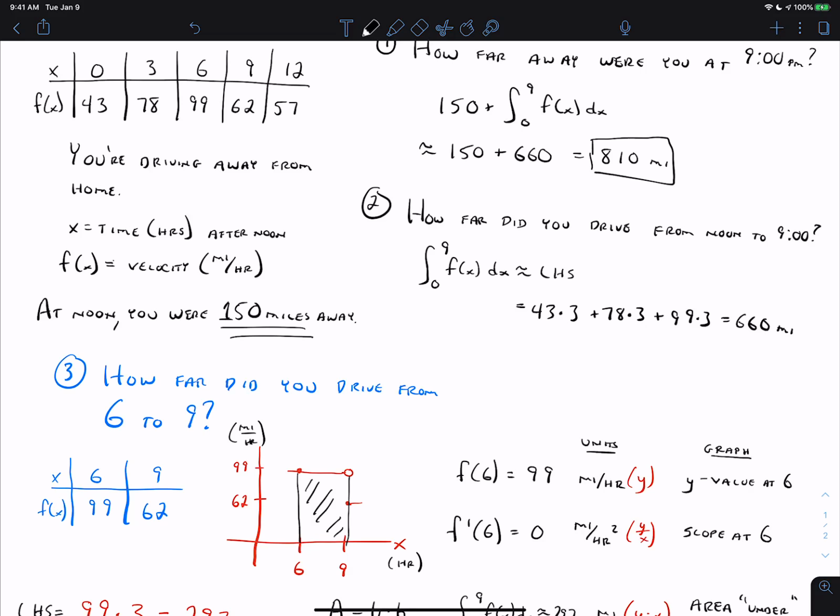All right, and so we would approximate by saying 810 miles. For sure, this is not accurate. The times between noon and 3, between 3 and 6, and so on, we don't know anything about them. This is just one way to approximate.